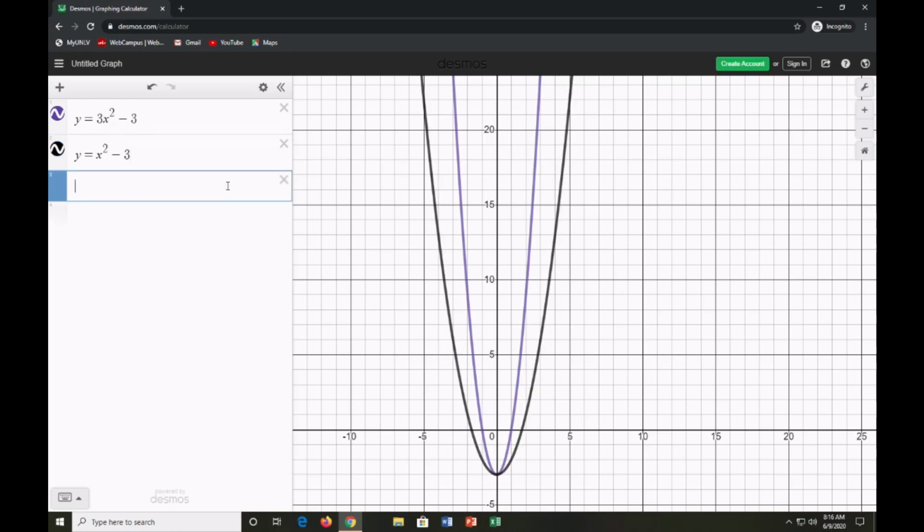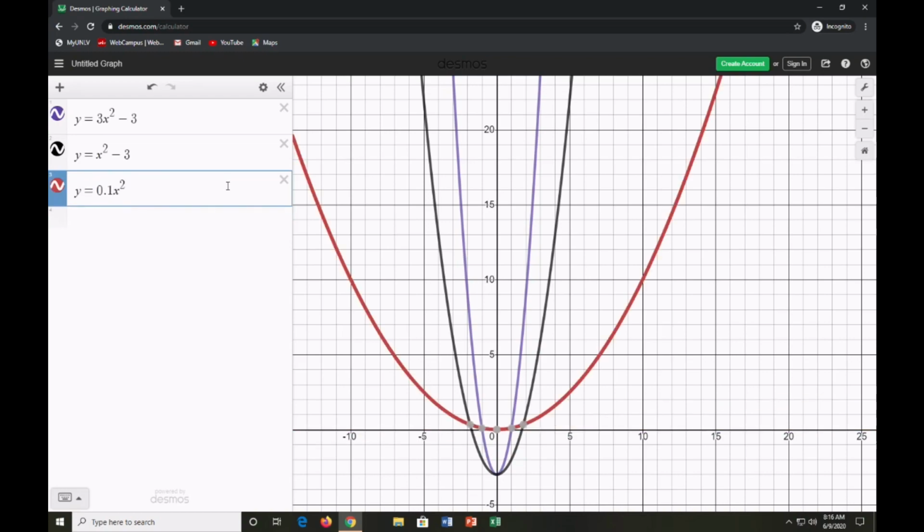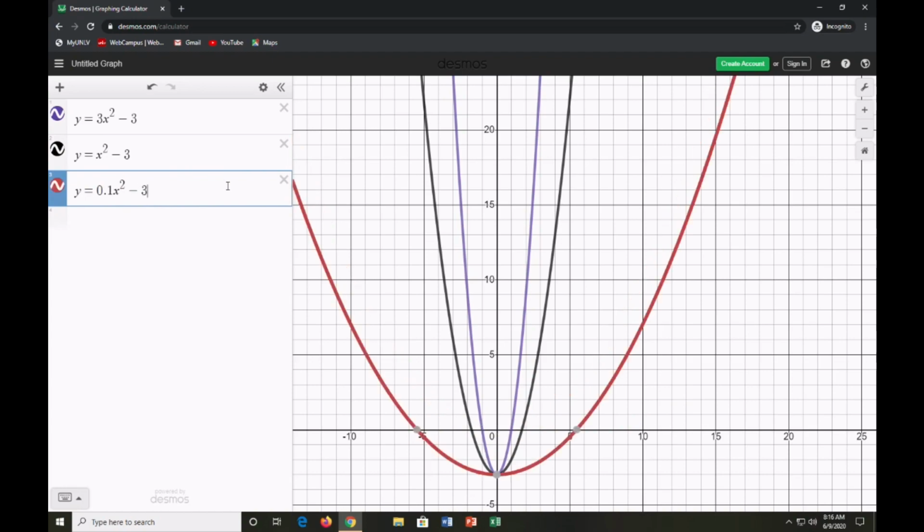And if I added something like y equals 0.1, which is some value less than 1, times x squared minus 3, look at that. It flattens it out, right? We did talk about this. I just like to remind you of what we're talking about here. This coefficient is less than 1.